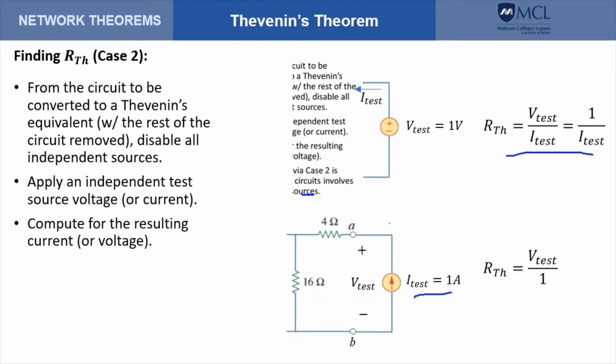And once you get that, you could also compute RTH using this formula. Now, why do I apply 1 volt or 1 ampere? Well, that is the simplest test source that we can apply. We could apply 2 volts, 3 volts, or 1 ampere, 2 amperes. It really doesn't matter. You will still get the same RTH.